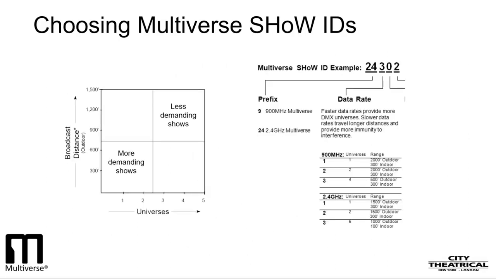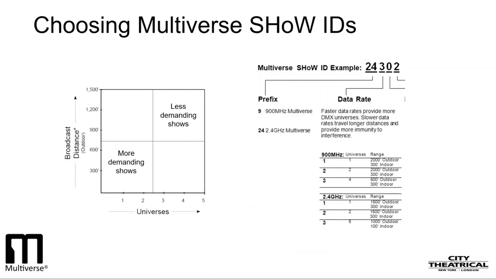Let's see how that information affects how we choose our show ID. We'll choose a show ID for each radio in today's webinar. We'll be working with a 5910 multiverse transmitter with both a 2.4 gigahertz and a 900 megahertz radio. The setup is very similar for 5911, which contains two 2.4 gigahertz radios, or 5912, which contains two 900 megahertz radios.